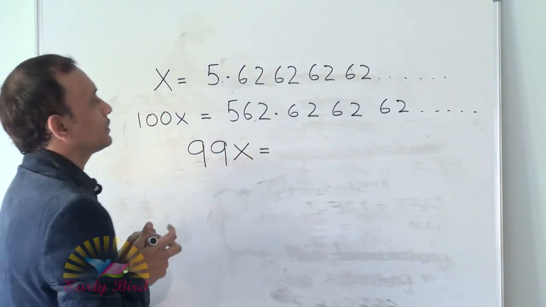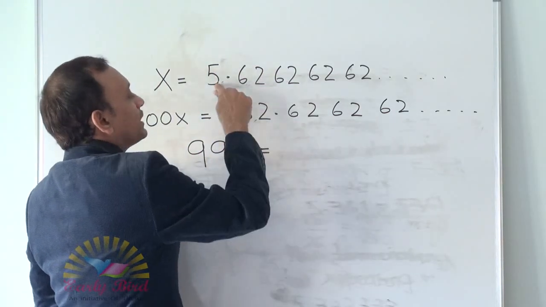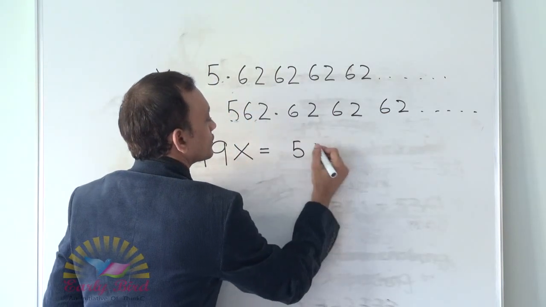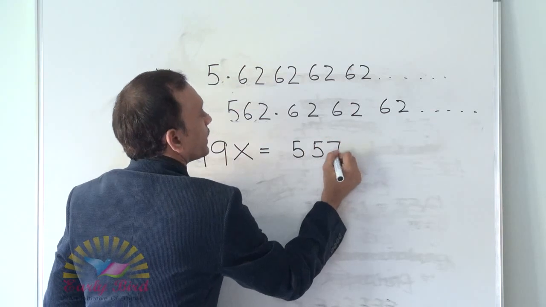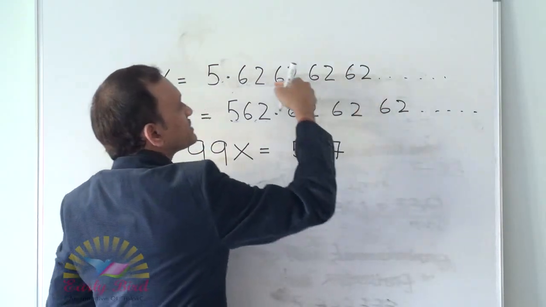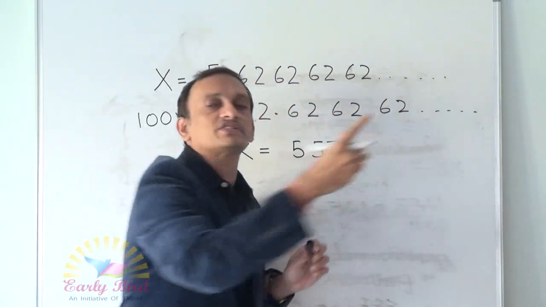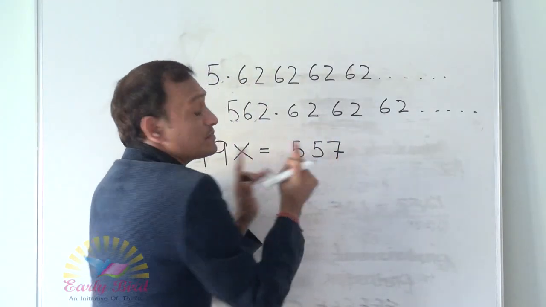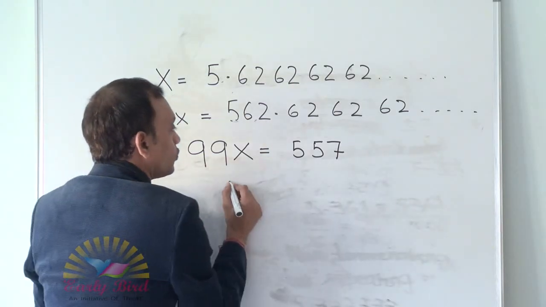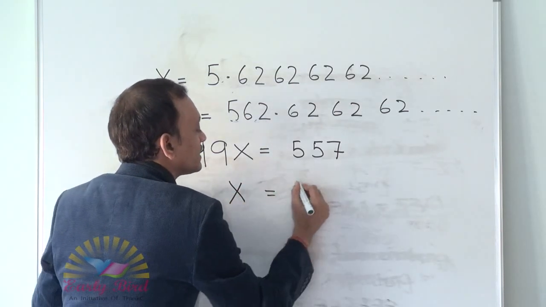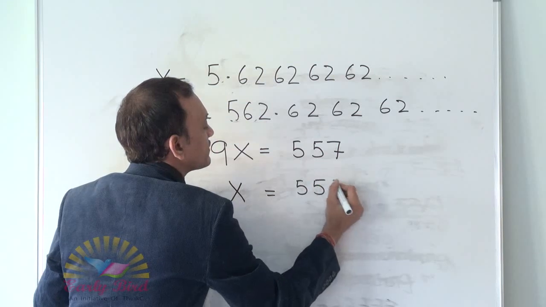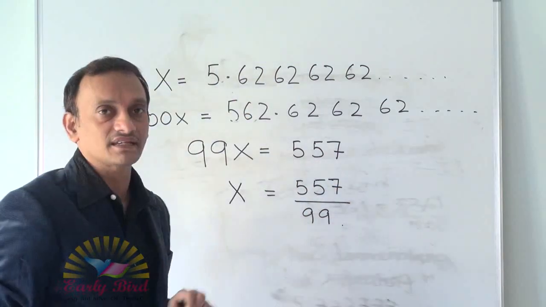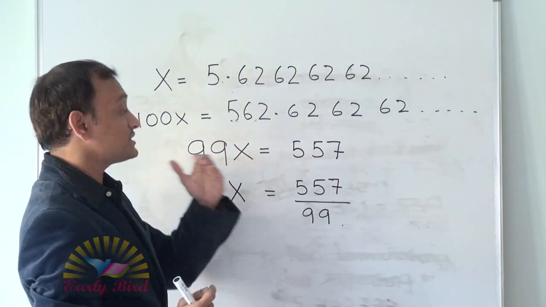Now 562 minus 5, that's 557. And the 0.626262, etc. forever will get cancelled. And therefore the right hand side is simply 557. And now what's x? x then is 557 divided by 99.